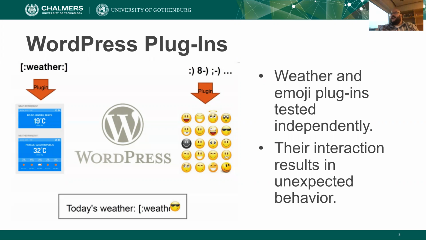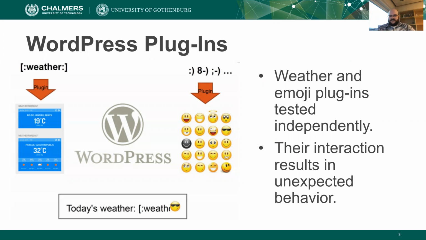Well, again, you might see the problem here. This end bit, right? This colon and the closing bracket. Well, that's also a type of smiley face, right? That's also an emoji. So in isolation, each of these features works just fine. They do the correct substitution when you post your blog post, and it works well.